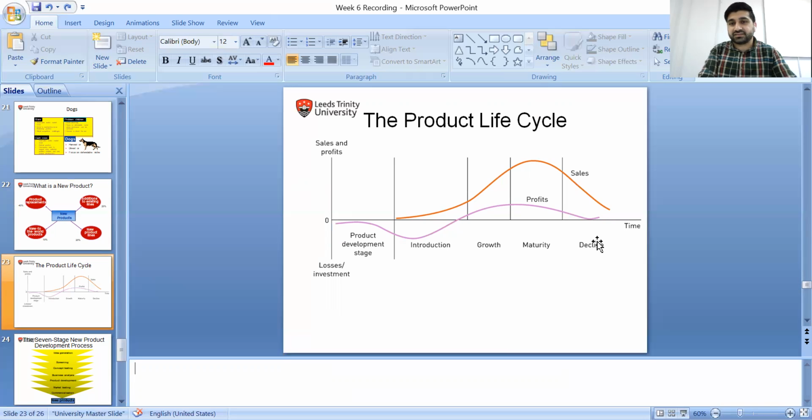At decline stage, profit margin comes down and sales go down as well. So this is basically a product life cycle from product development stage to introduction, then growth, and then maturity. At the end, decline phase, product life cycle completes here.